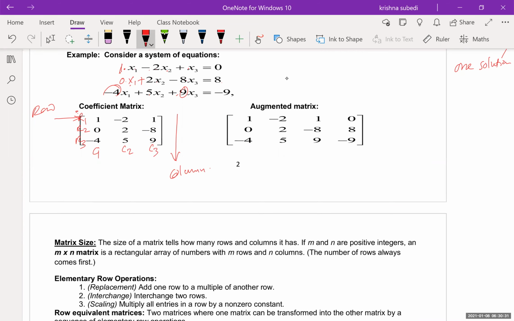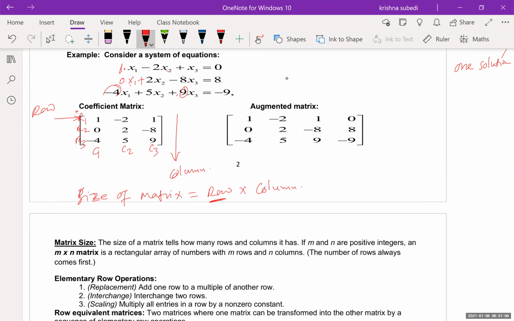So the size of the matrix is always represented by row times column. Always, row comes first. That's the convention: if you want to write the size of the matrix, row always comes first.